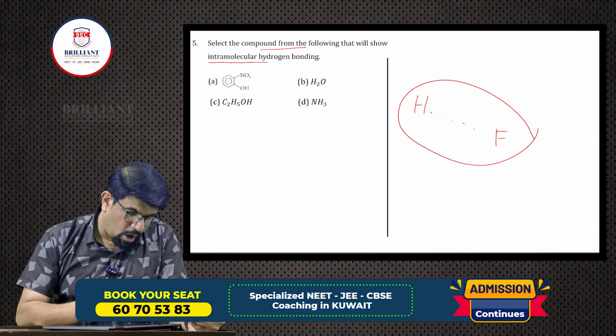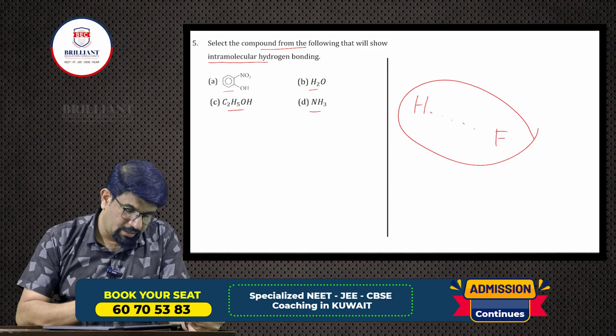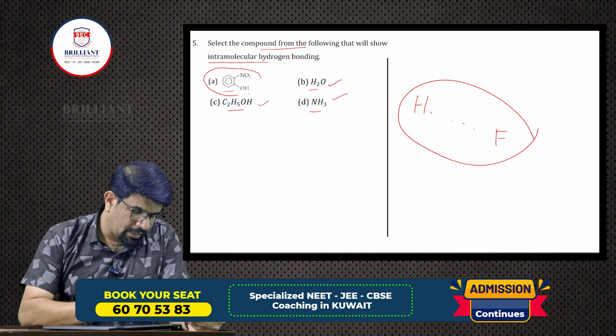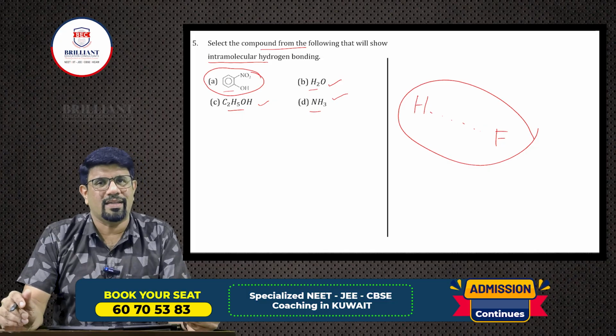So the options we can see are orthonitrophenol, water, ethanol and ammonia. See, these all will form hydrogen bonding. This is inter, this is inter, this is also inter, only intra is A. So orthonitrophenol is the correct answer.